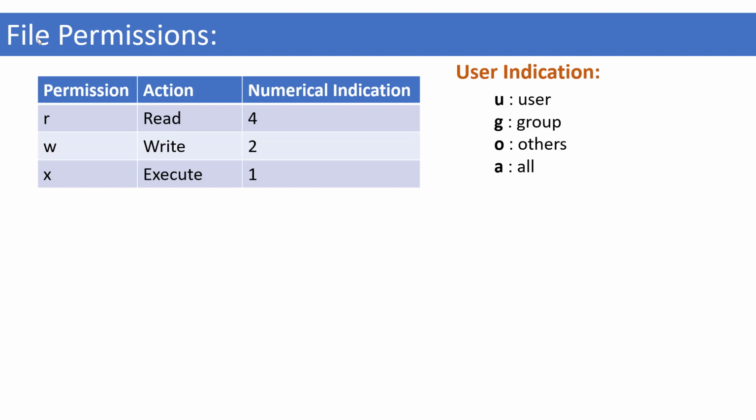Whoever other users are present in the system will come under others. And the next one, all. All means every user in the system. So while specifying permissions for a particular user, we will select users from these four categories based on the permissions that we want to assign.